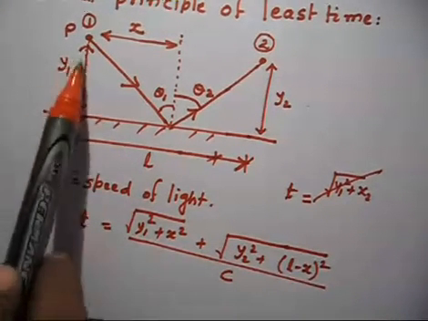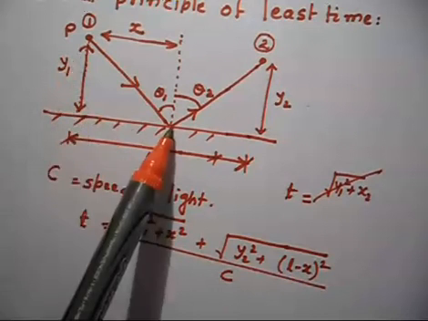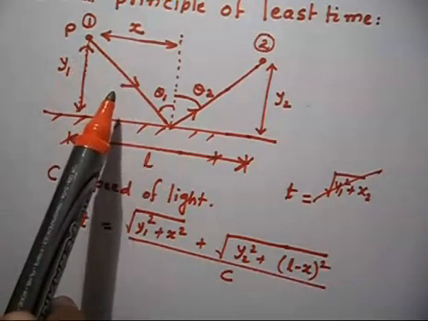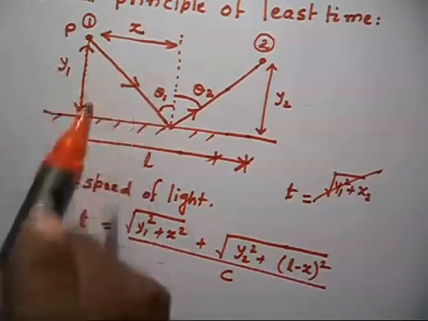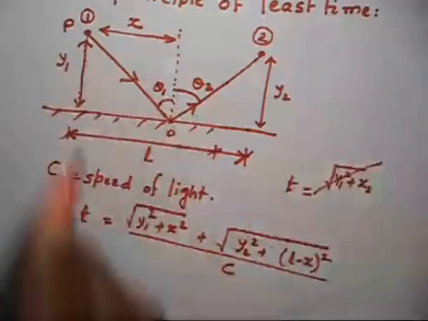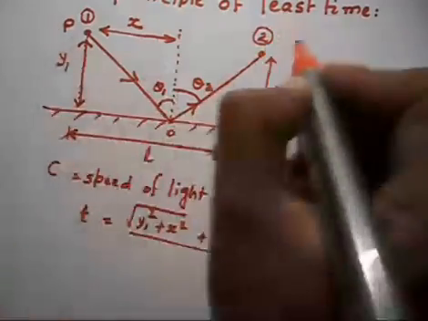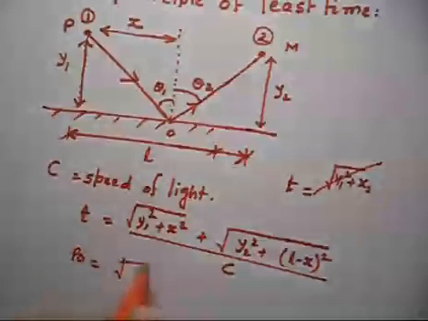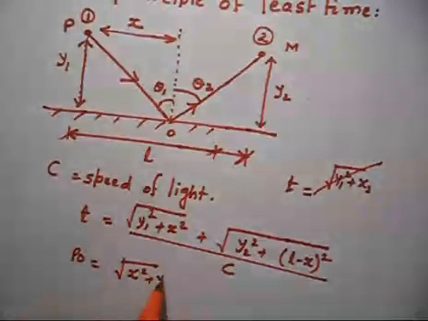Now see, this distance is y1 and this distance is x. Let us call the point of reflection O, so distance PO is nothing but the square root of x square plus y1 square.